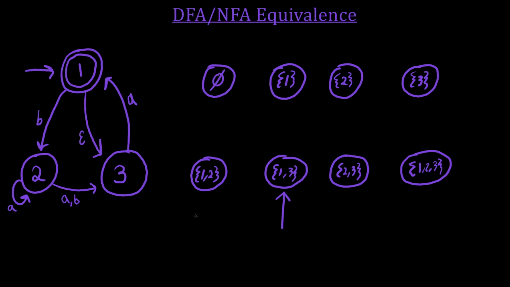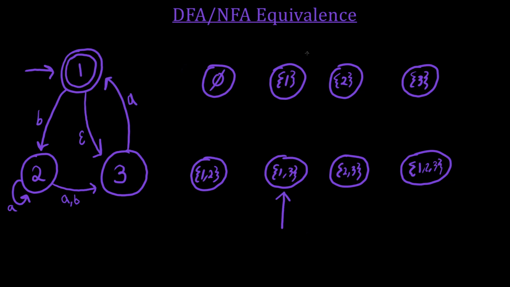Okay, so figuring out our set of accept states in the DFA is actually going to be pretty easy. All we're going to do is simply look at all of the states in the DFA, and if that state contains an accept state from the NFA, then we're going to make that state an accept state. So let's go ahead and do that. So the empty set state does not contain any of the states from the NFA, so we're not going to make that an accept state.